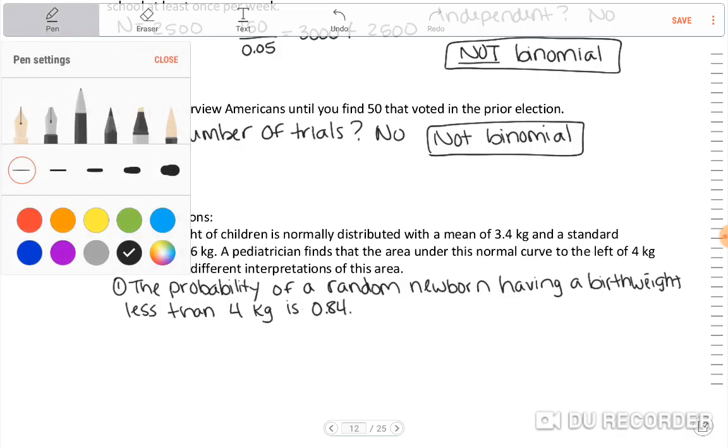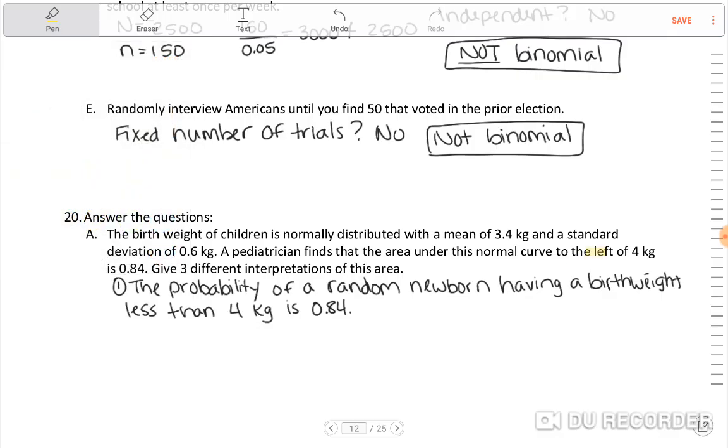We say less than because they said to the left, so to the left means less than. So that's one interpretation.